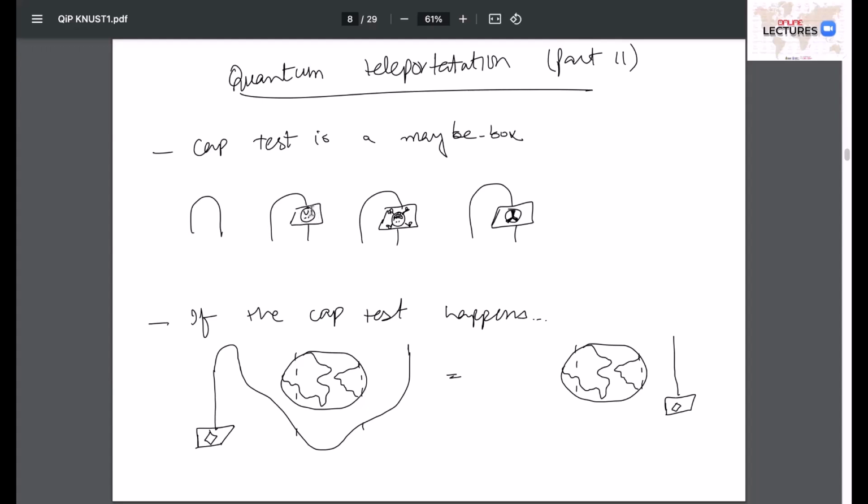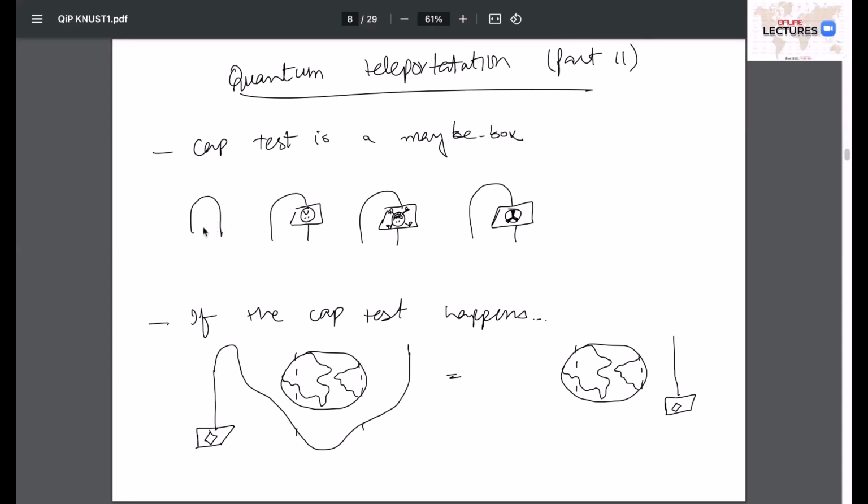So here these different boxes are basically unitary operations, and applying these unitary operations to the cap test, you can represent some kind of error. So let's say Andrea applies this Bell basis measurement.